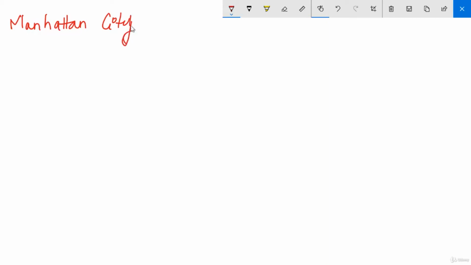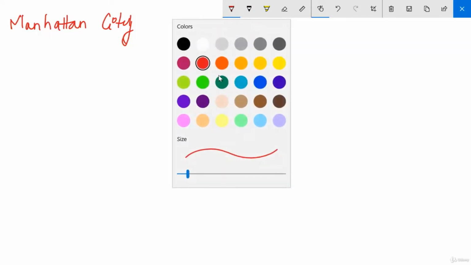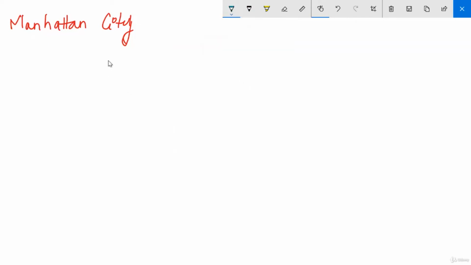If you have been there, or you are living or working there, you must have a good idea. And those who have never been to Manhattan city, they can search it on Google.